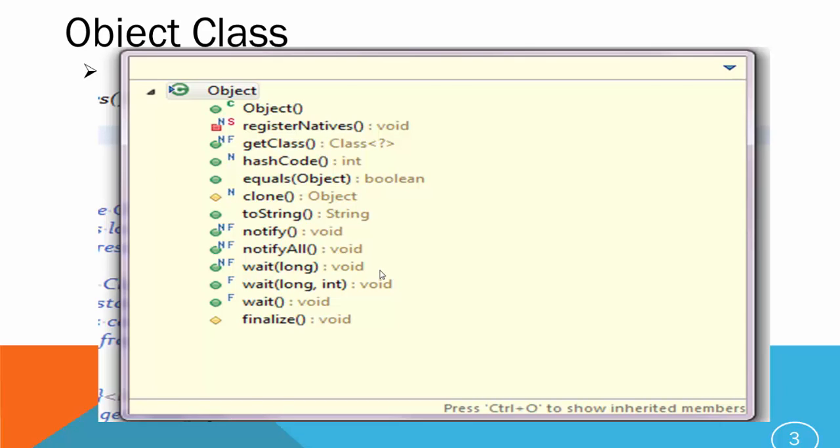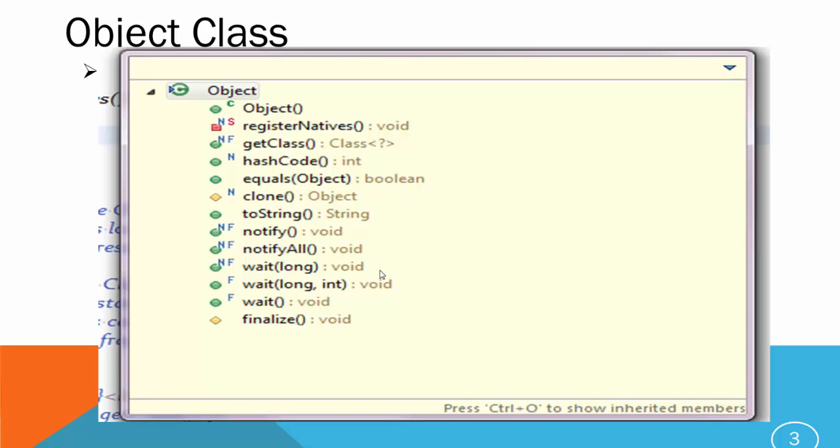Whenever you print an object instance of the class, toString will be called automatically. If you don't override toString, you will get the address of the object, the reference of the object in memory, in the form of a numeric value.